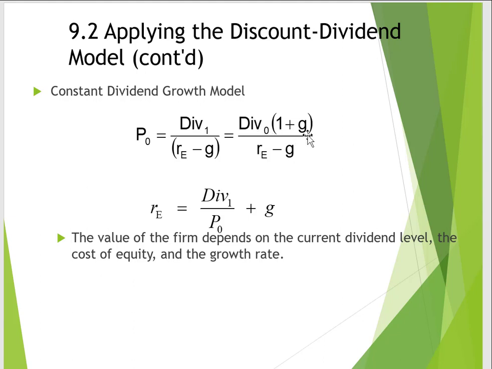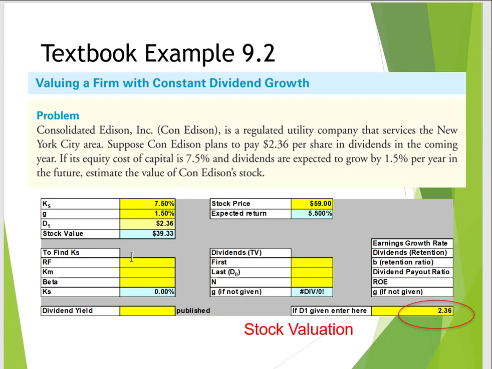We're assuming this growth rate is constant into the future. So the value of the firm depends on the current dividend level, the cost of equity, and the growth rate. Now, the cost of equity also incorporates risk, as we've talked about in previous chapters and videos. So risk is involved here.